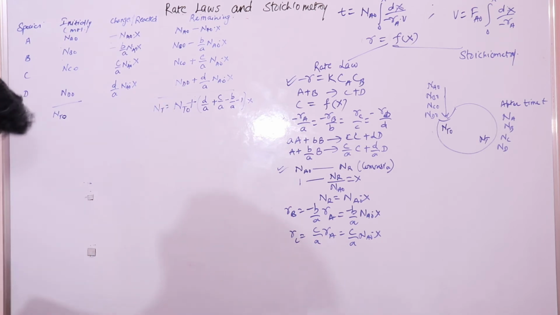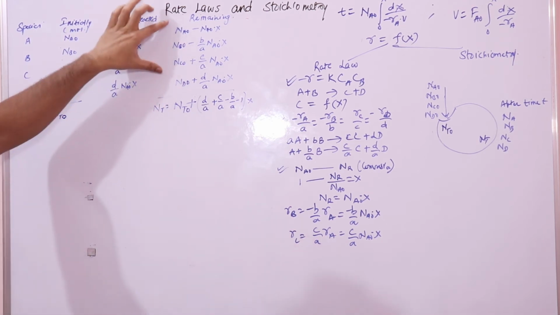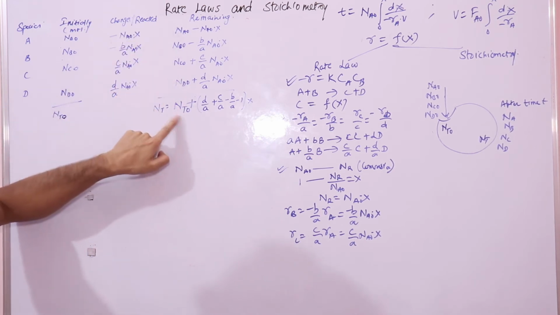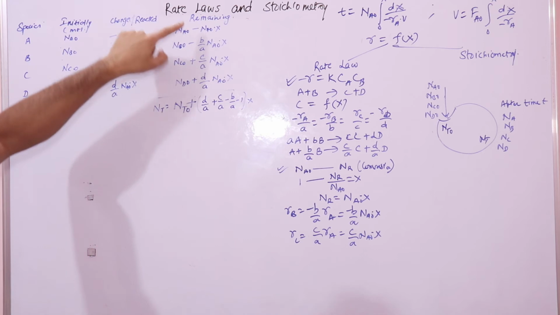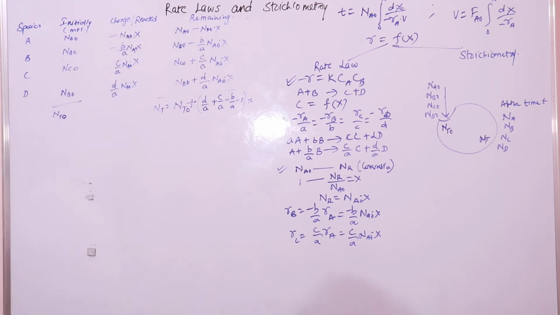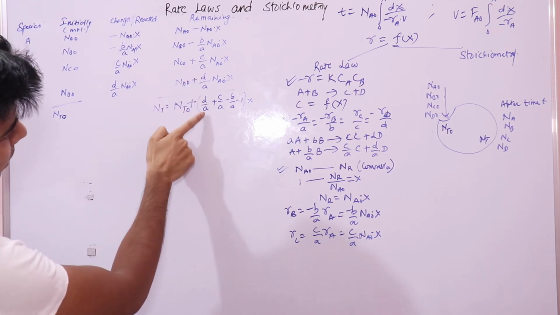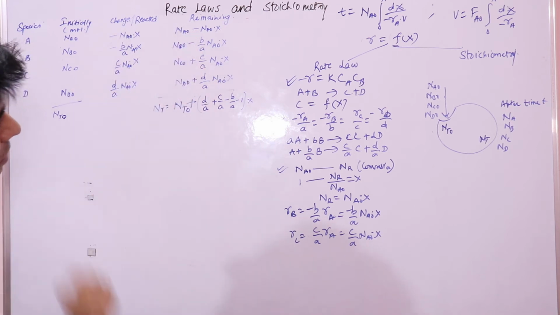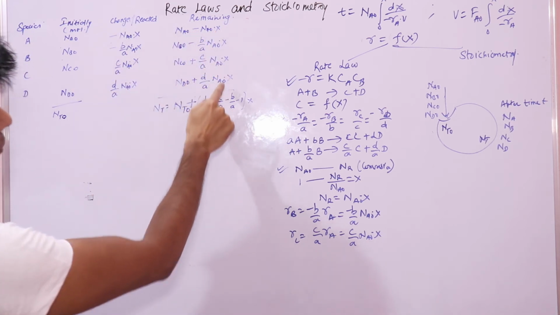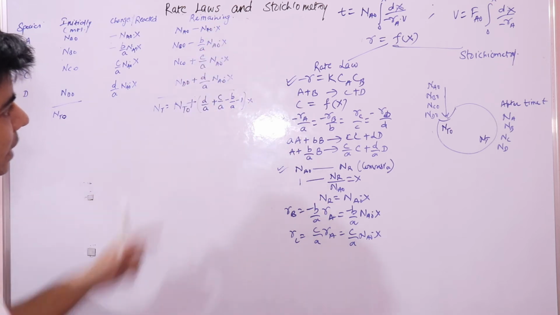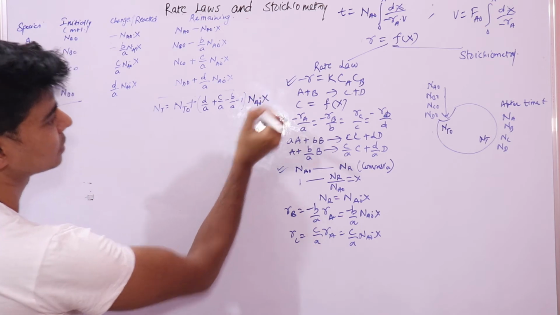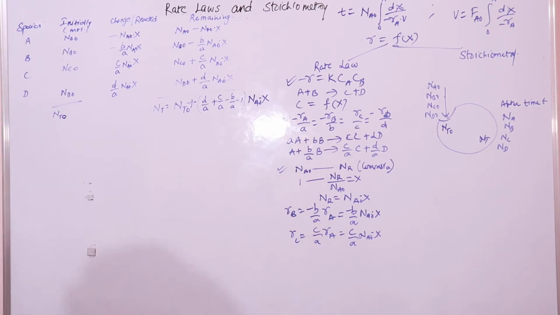So if you add these quantities Na0, Nb0, Nc0, Nd0, all this will add to Nt0. Plus if you add all these quantities, what you will get is d upon a plus c upon a minus b upon a minus 1, and Na0x is common in all. So here you have Na0x. This is how you got this.